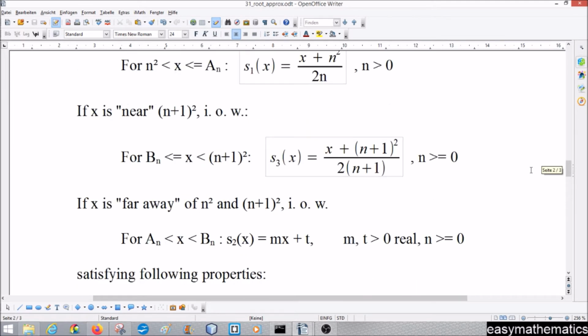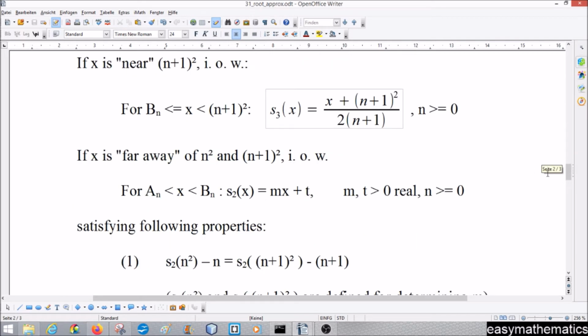If x is near (n plus 1) squared, in other words, if x is between b of n and (n plus 1) squared, we take as s3 of x equals (x plus (n plus 1) squared) over (2 times (n plus 1)), for n greater or equal to 0.